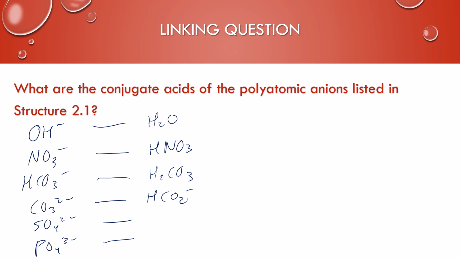SO4 2-, I'm going to add 1 hydrogen, gives HSO4-. And then for PO4 3-, you're going to again add just 1 hydrogen, and you're left with a 2- charge. So conjugate acids have 1 more hydrogen, and the charge is 1 higher because it has that 1 additional hydrogen.